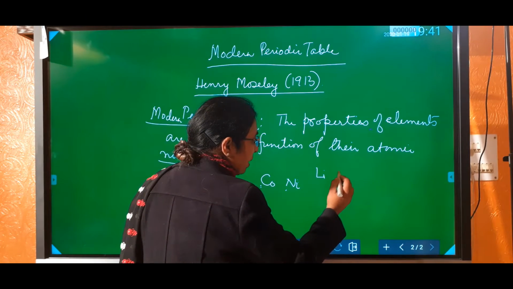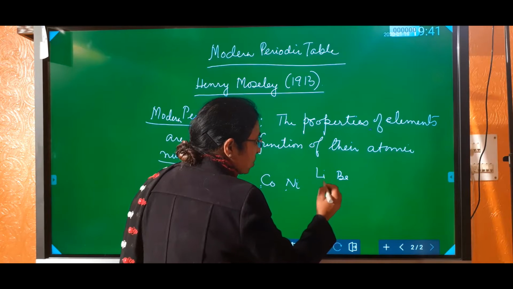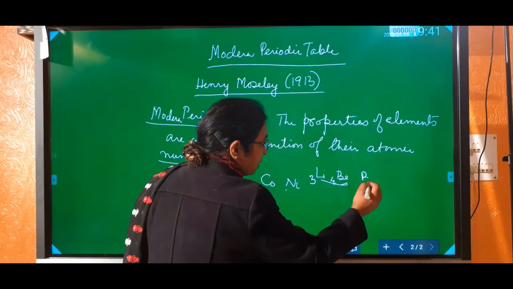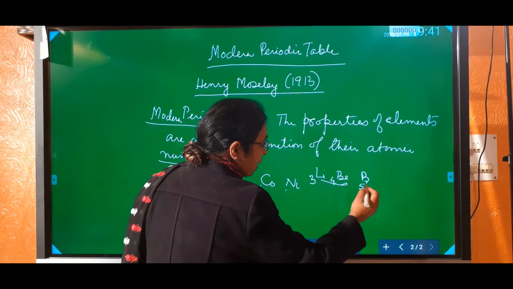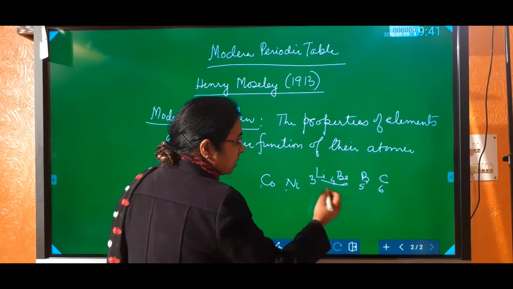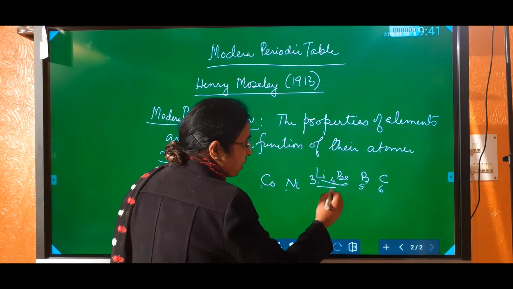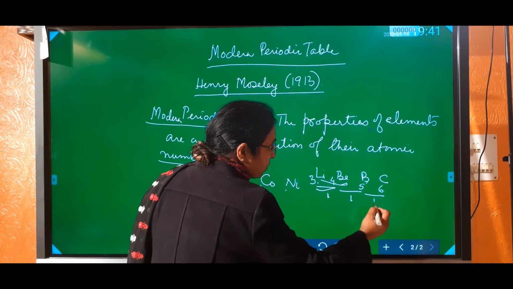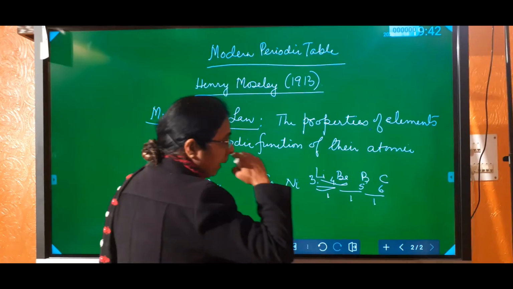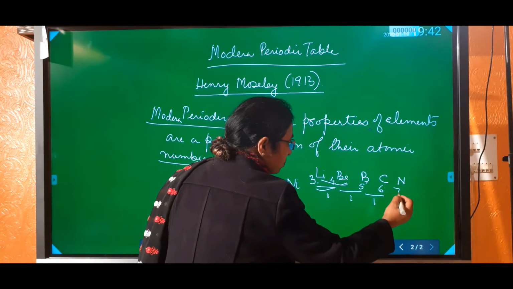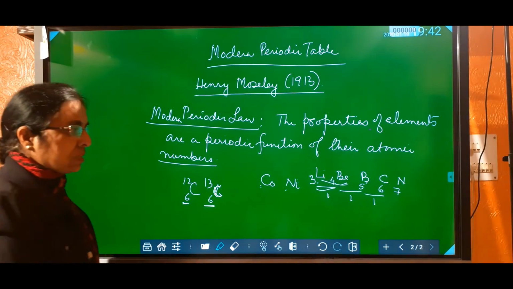Lithium, and then beryllium: this is 3, this is 4, and then this is 5. Over here also the difference is 1, over here also the difference is 1. So in this way, every time the atomic number is increasing by 1.